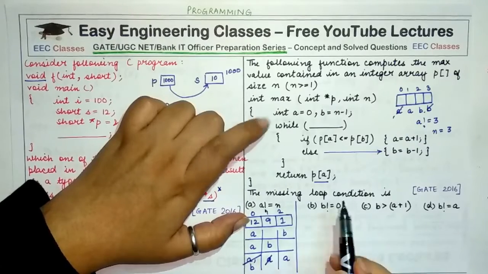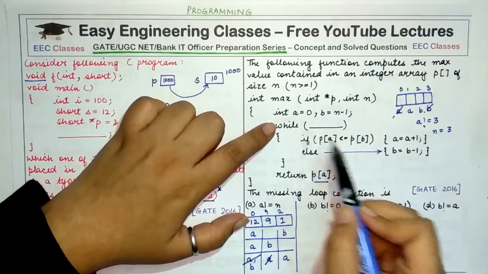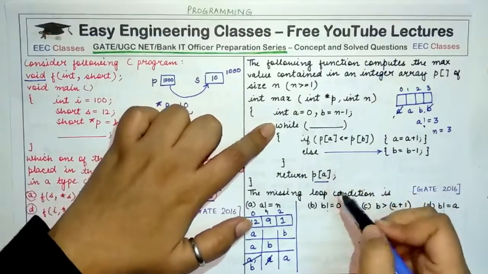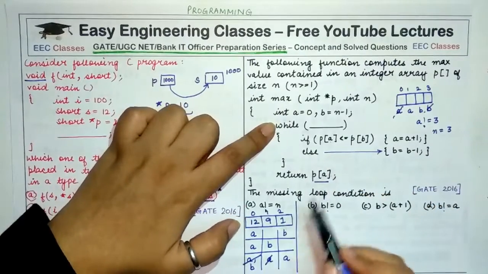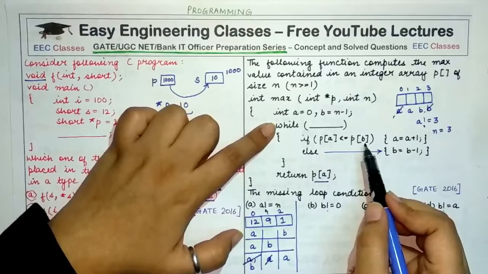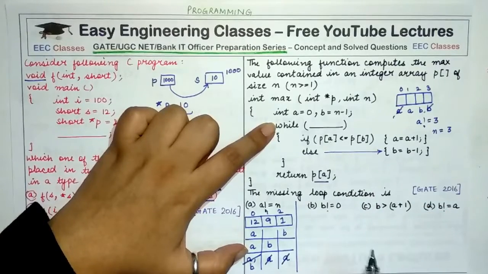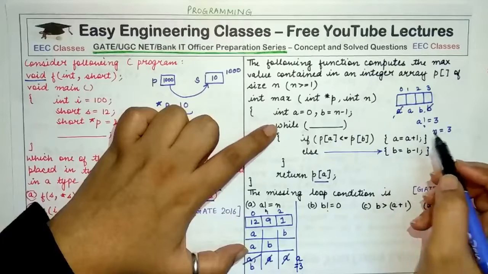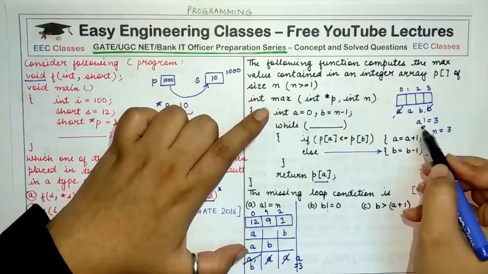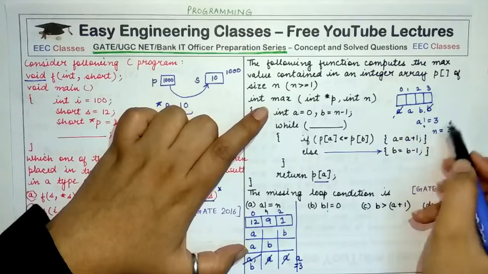Now again an iteration will be run, and you have to see whether the value at a is less than the value at b. Yes, it is less than, so a would go out of bound. The value of a would become 3 here. Now when you enter the loop and check the condition a not equal to 3, this condition would be false.